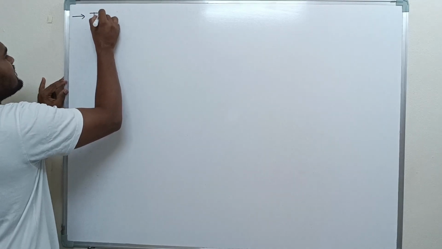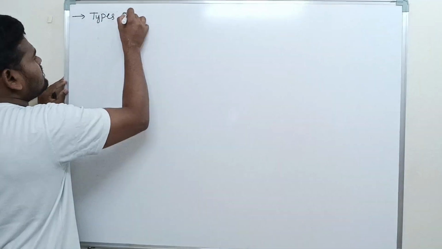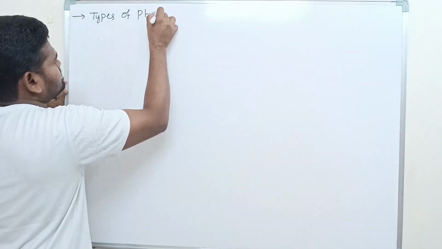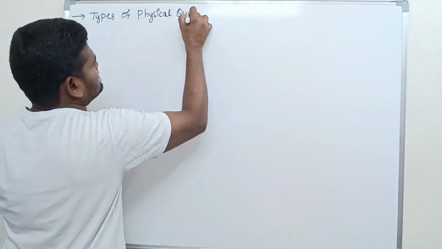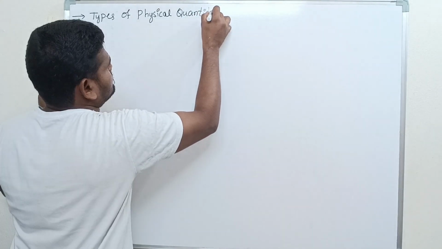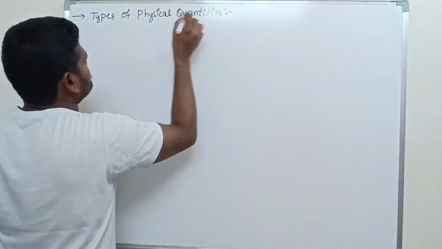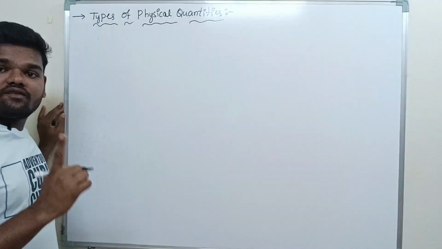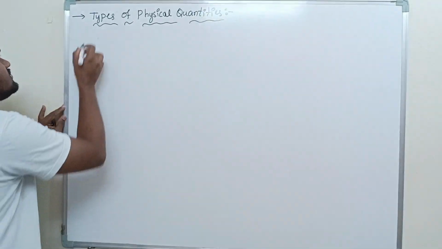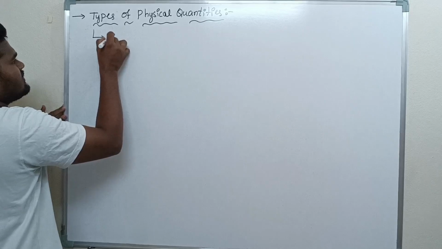The next concept is types of physical quantities. Physical quantities can be classified into three types.